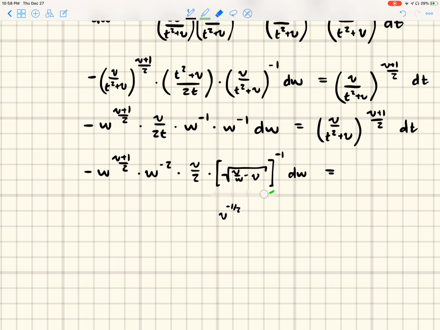well, let me do it this way. So we can write this as this, and we've got 1 over the square root of w squared times v over w minus v dw. That's equal to that right-hand side.